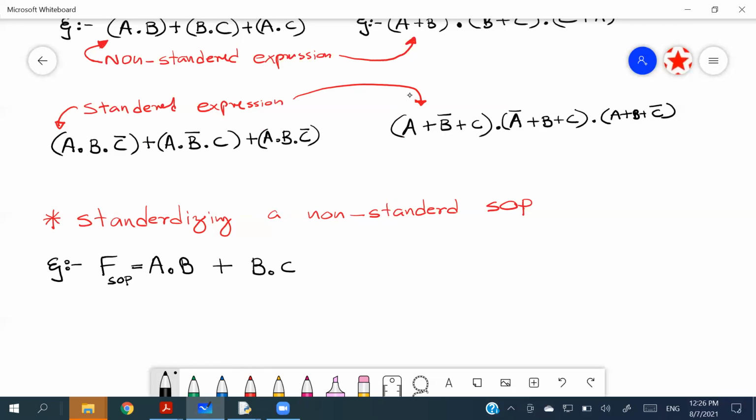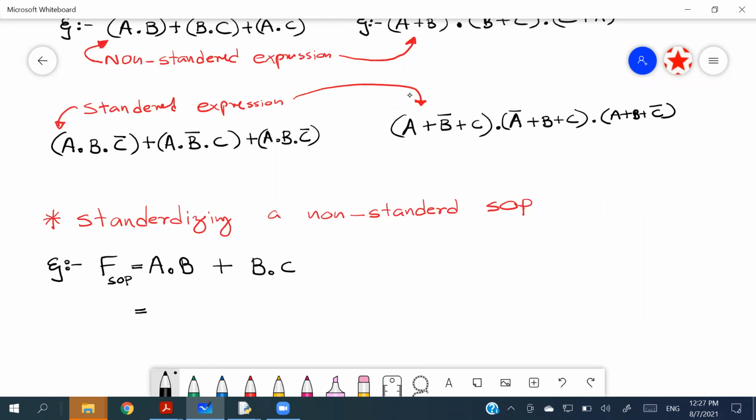Right, okay, now the logic is that we need to add C to the first term. That is our requirement. Now if you take the terms, they are in multiplications.